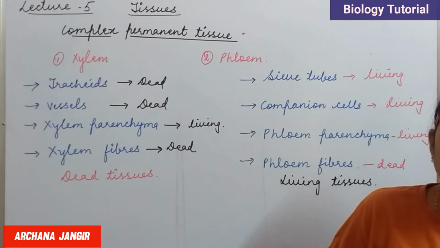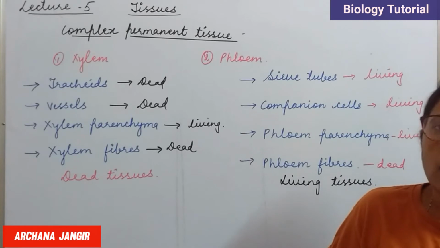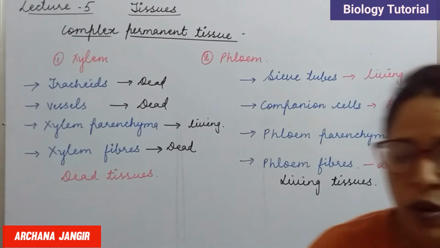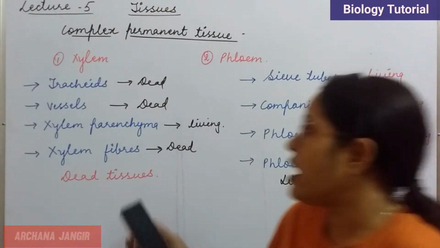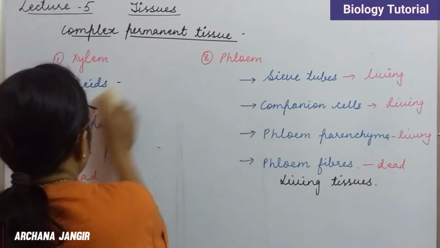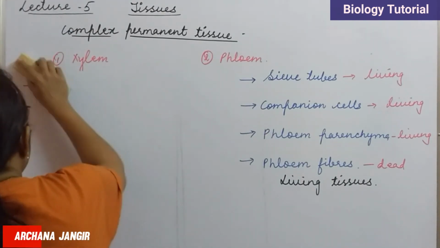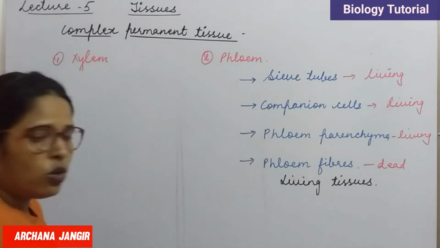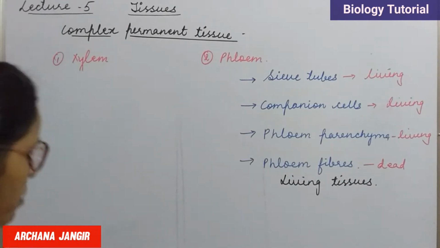Now, what is the function of xylem tissues? Xylem tissues perform the function of transportation of water and minerals from root to different parts of the plant.